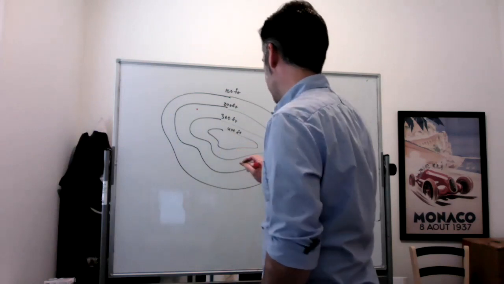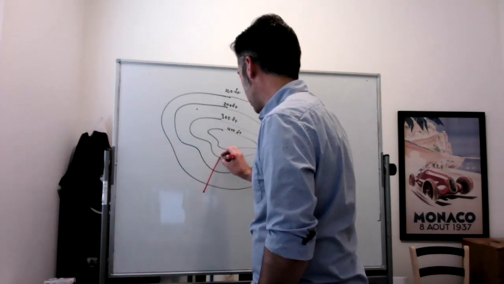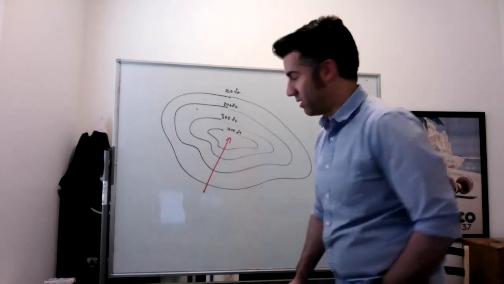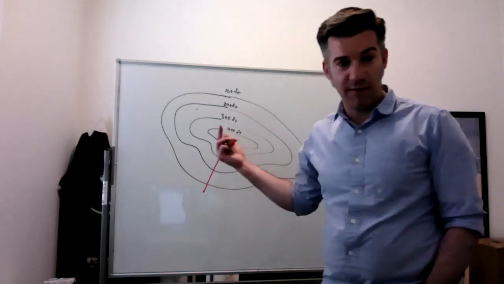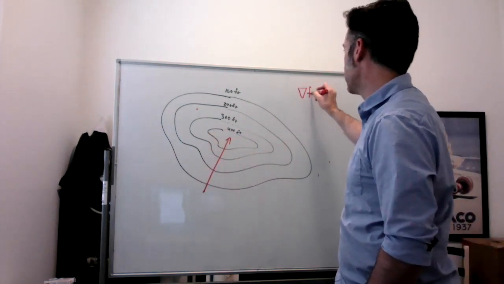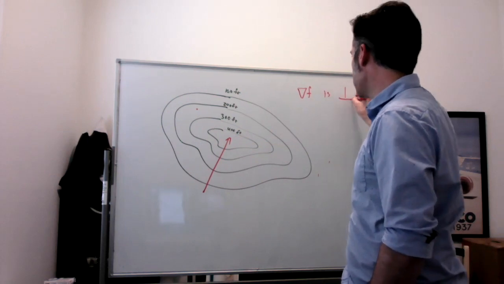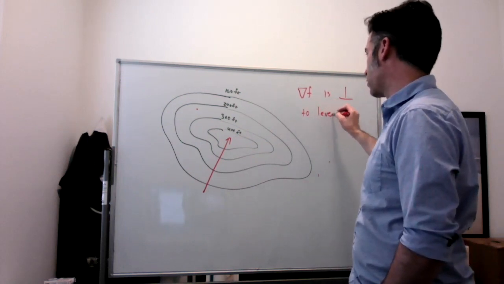Maybe let's start right here instead. I'm starting right here. I'm going to be going that way. Right, that's my gradient. It's going to be getting me up the mountain the fastest. And importantly, my gradient is perpendicular to my level curves.